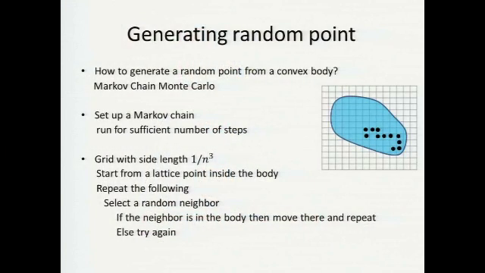All right, so here another kind of Monte Carlo is useful. It's Markov chain Monte Carlo. Suppose we have a convex body like before, and we want to generate a random point here. To do that, we set up a Markov chain. If you don't know what a Markov chain is, it's okay. I'll just use a very simple version of it.